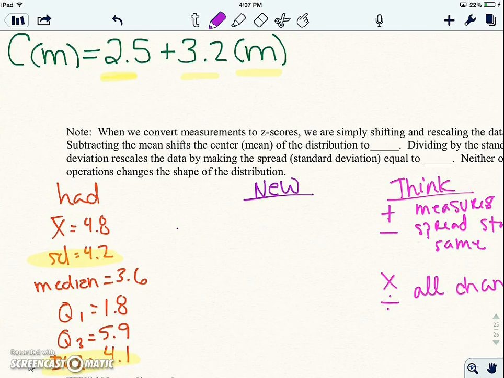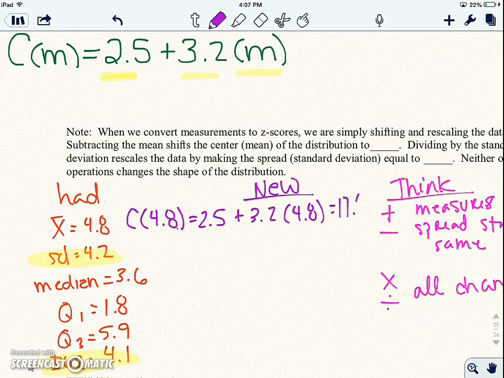We have this function. So if they went 4.8 miles, we plug the 4.8 miles into the function. Cost of 4.8 miles is 2.5 plus 3.2 times 4.8. If we do that really quick, we get 17.86.